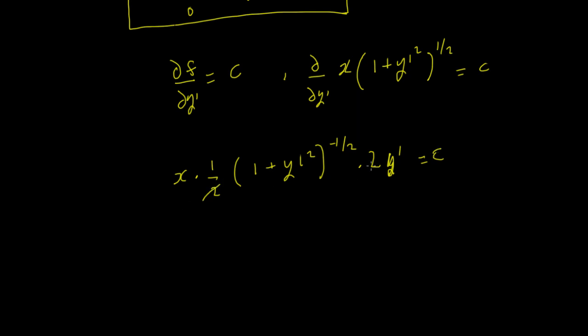Okay, so the twos cancel out, and you're just going to be left with x y derivative upon 1 plus y derivative squared, and because I've taken it down, it's all squared from this point here, equal to a constant.